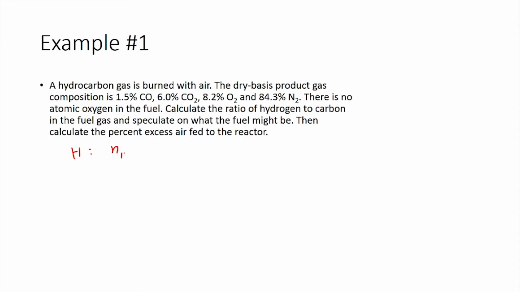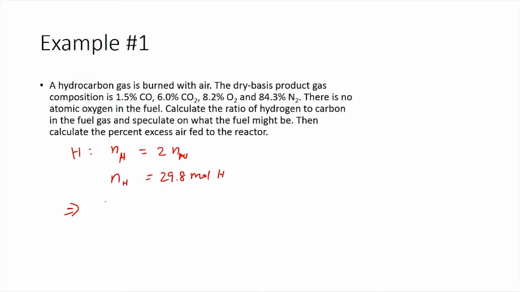The hydrogen balance would be NH, which is the number of moles of hydrogen entering in the form of fuel gas, equal to the number of atoms of hydrogen leaving the system, which would be only through water vapor. So, that would be 2 times Nw. As we already calculated Nw as 14.9, we can identify NH as 29.8 moles of hydrogen.